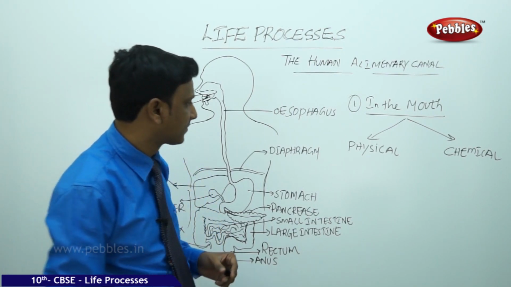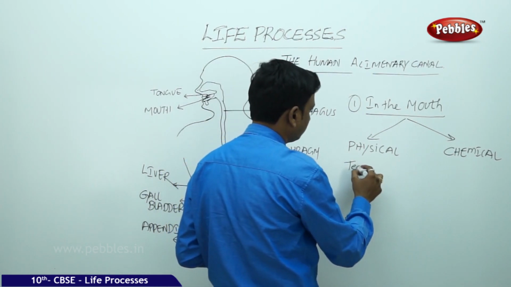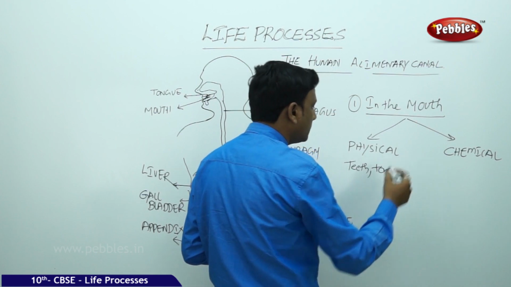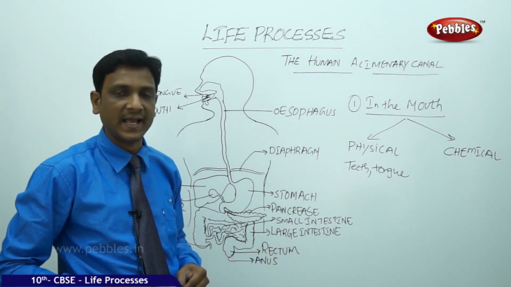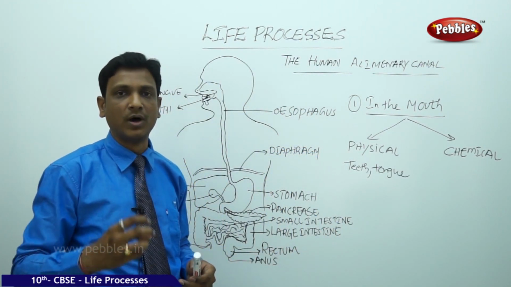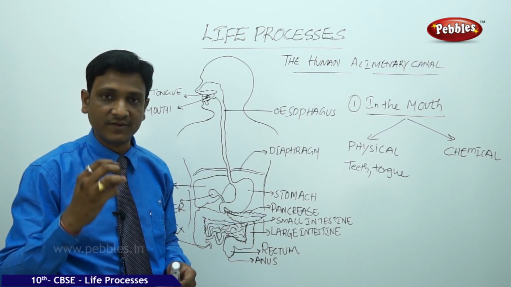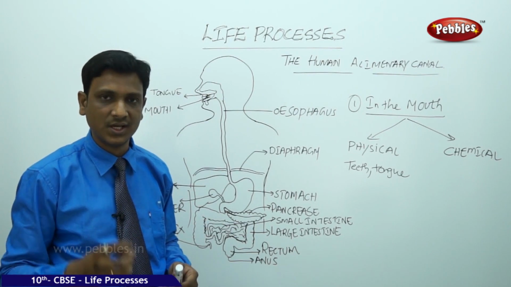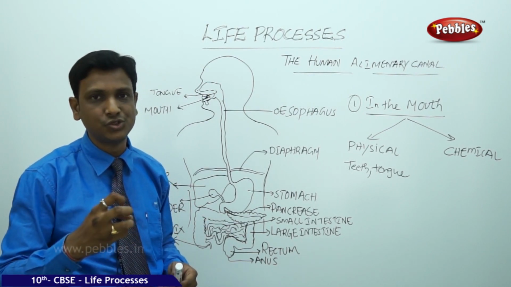We have teeth and tongue. These are the two structures that help to make the food into smaller bits. That is, we have different types of teeth like incisors, canines, premolars and molars to cut, tear, grind and chew the food.